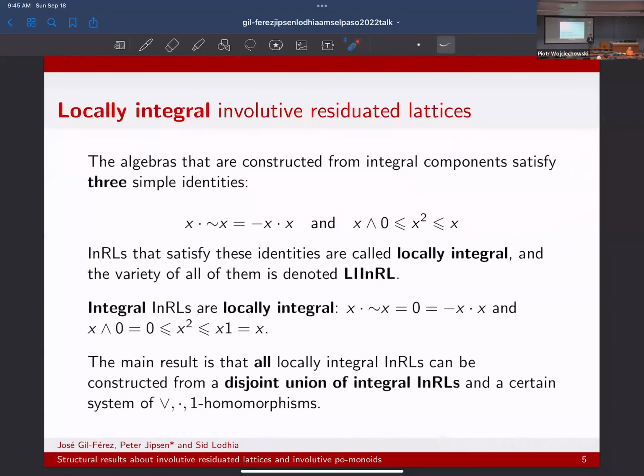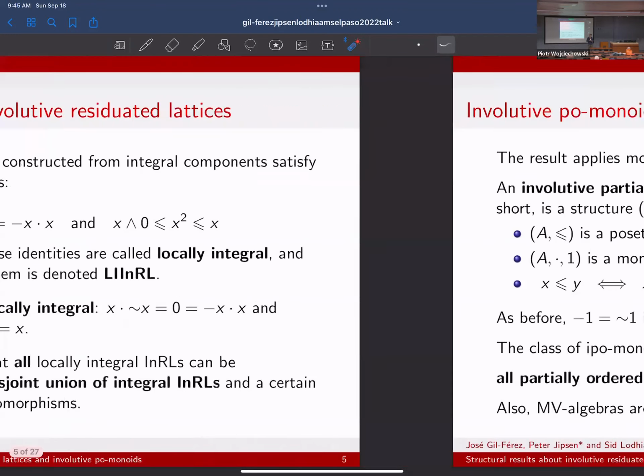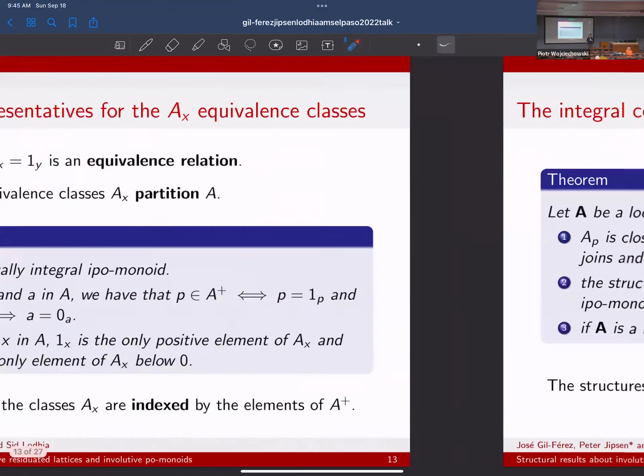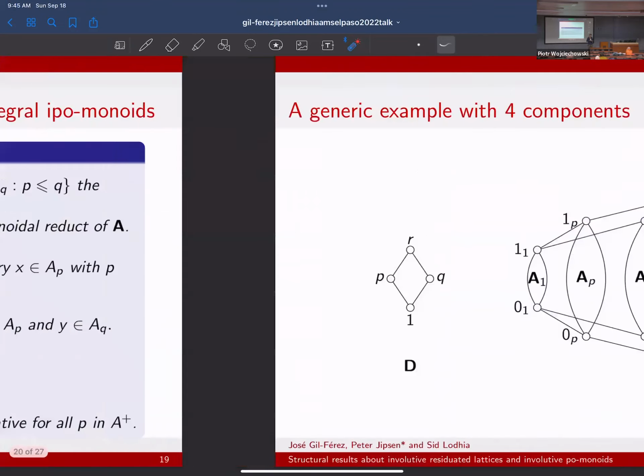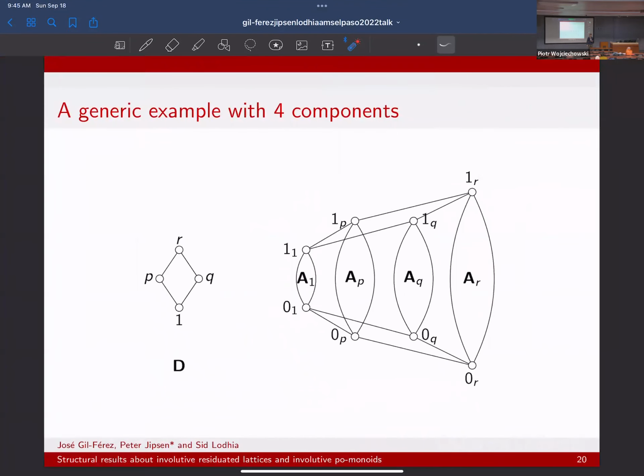So there are some details we have to go through, but let me see, maybe I can skip ahead here, show you some picture. I should have put it earlier. There, for example, is a generic construction of one of these non-integral guys. So we have an index set, which is itself a join semilattice called D, because it turns out to, in many cases, be a distributive lattice.